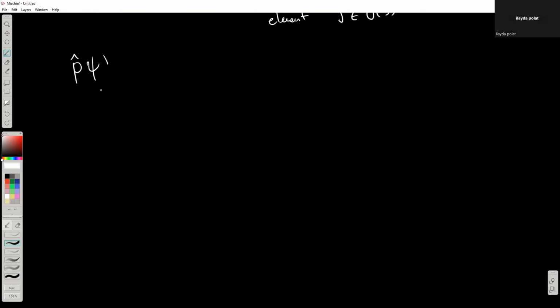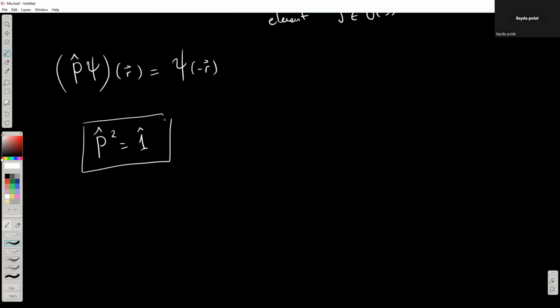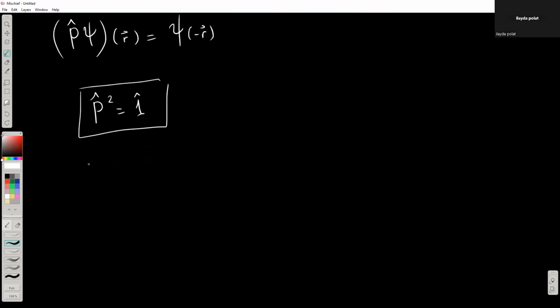So P psi gives you a new wave function whose value at r is equal to the value of the old wave function at minus r. Just like the ordinary P operator, its square is equal to identity. So if you apply inversion twice, you get the same wave function, obviously.